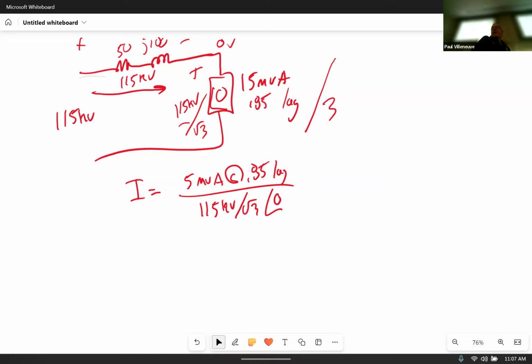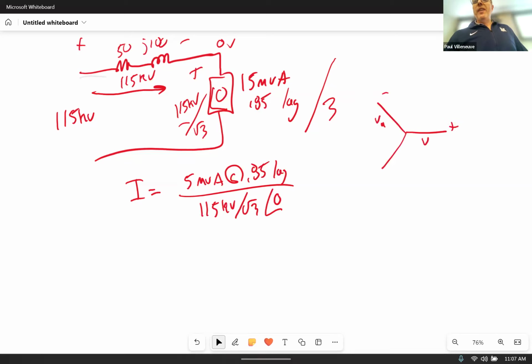Yes, sir. For the voltage or for the power? Because for voltages, let's just draw it as a Y-connected one. This is a voltage. This is a voltage. Remember, it's plus to minus.